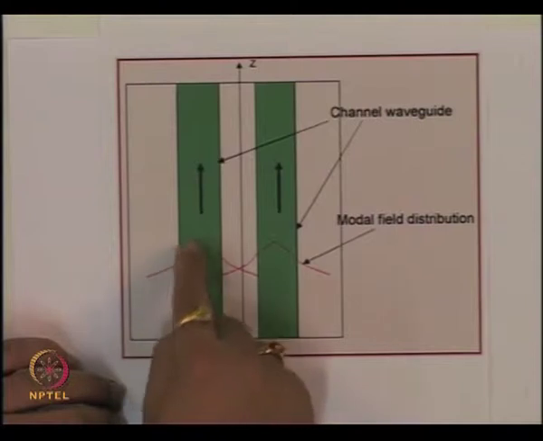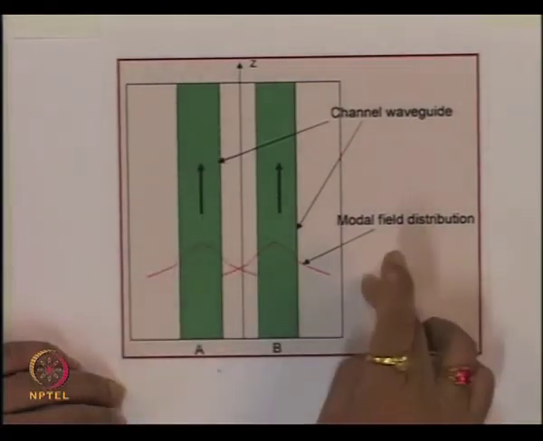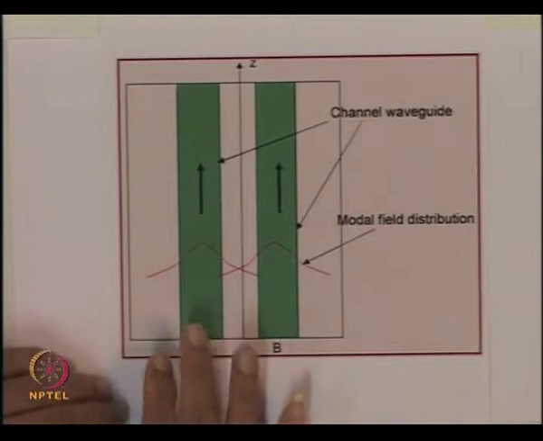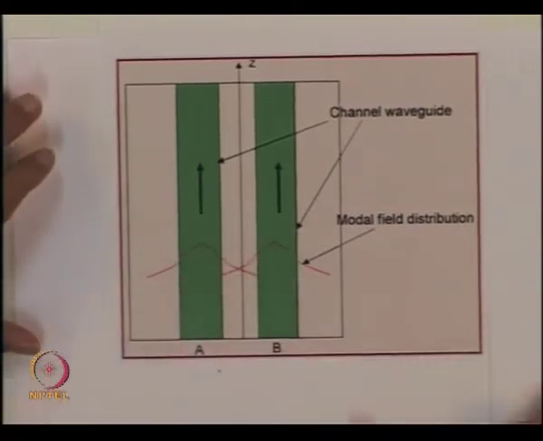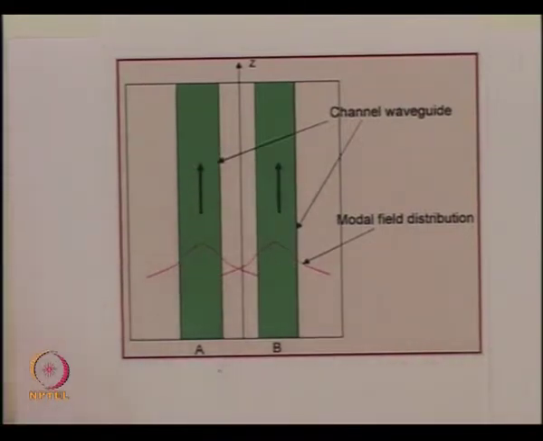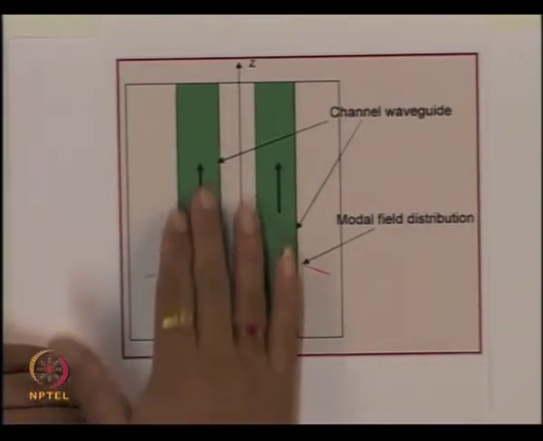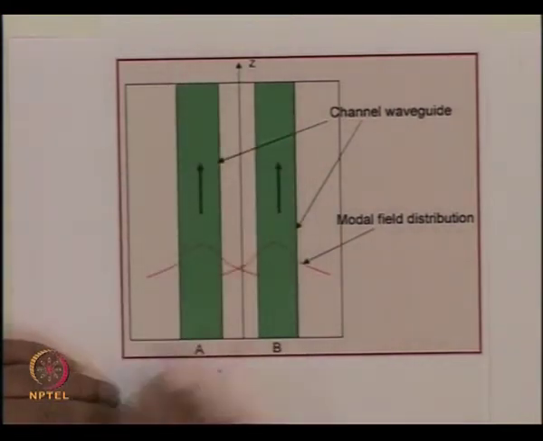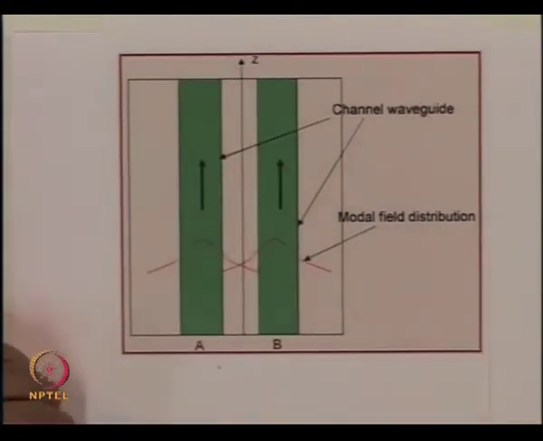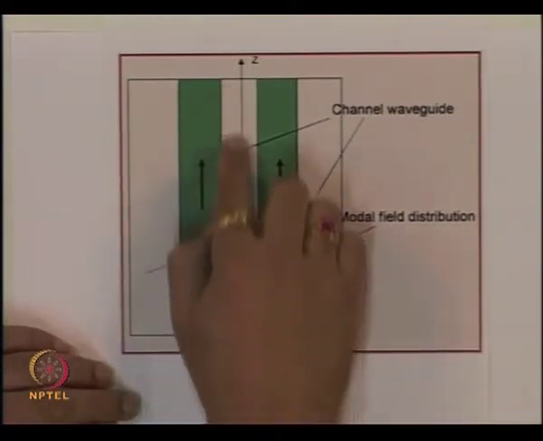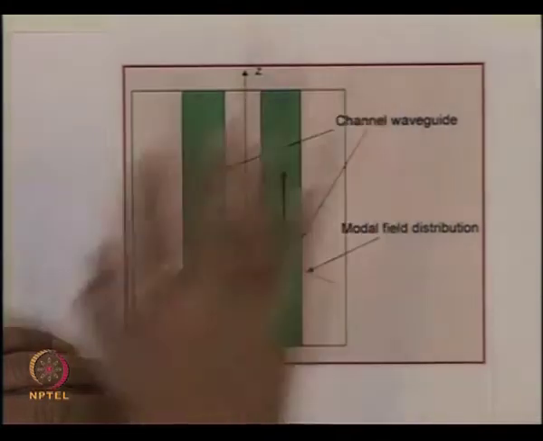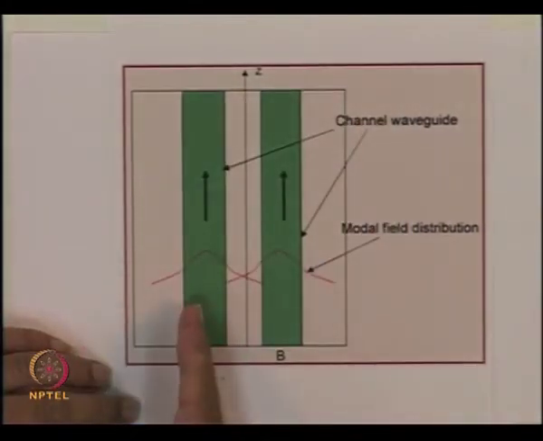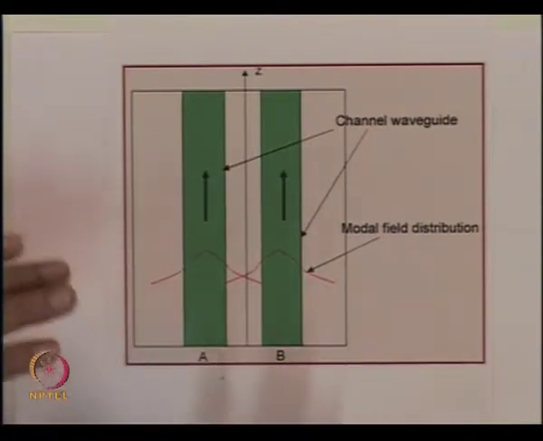Without worrying about the variation of the field in the transverse direction, we simply say that whatever is the field distribution, it is identical in both these waveguides, because we are considering these two channel waveguides identical, and that distribution is going to travel along the structure with certain phase constant. So let us say this direction is z. We have the phase constant in the direction z, and we are going to excite one of the waveguides at z equal to 0. That is our definition of the problem.